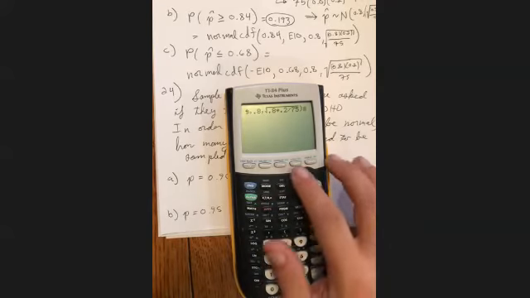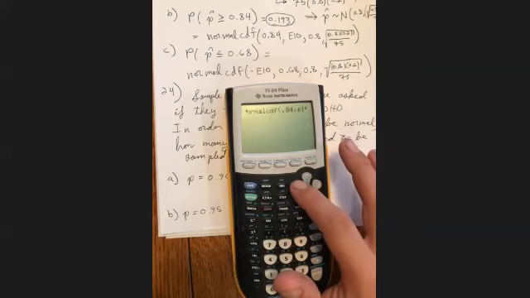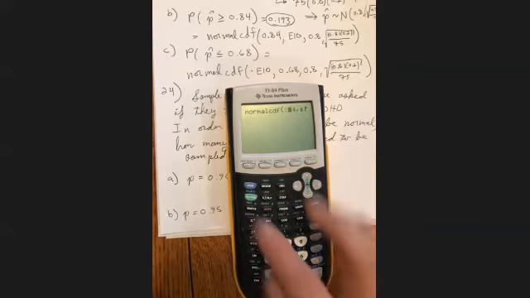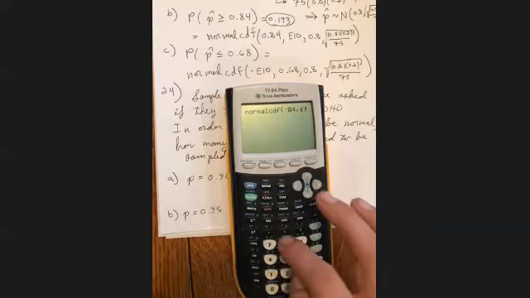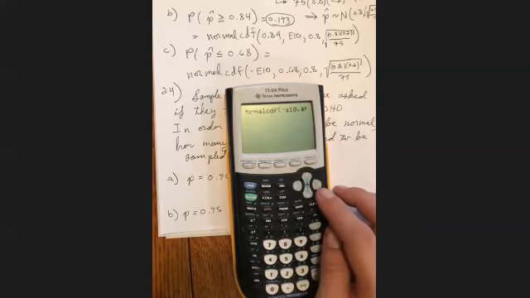So I just hit second enter and it brings back up the previous result. And now I just need to change out the inputs. So negative E, and then something sufficiently large, negative E10. And then our upper bound was 0.68.